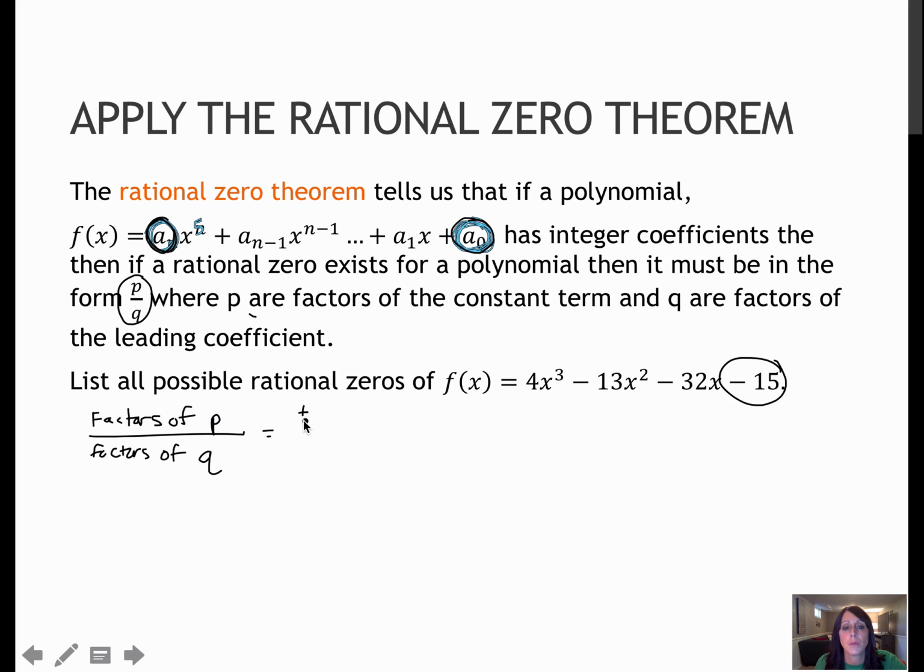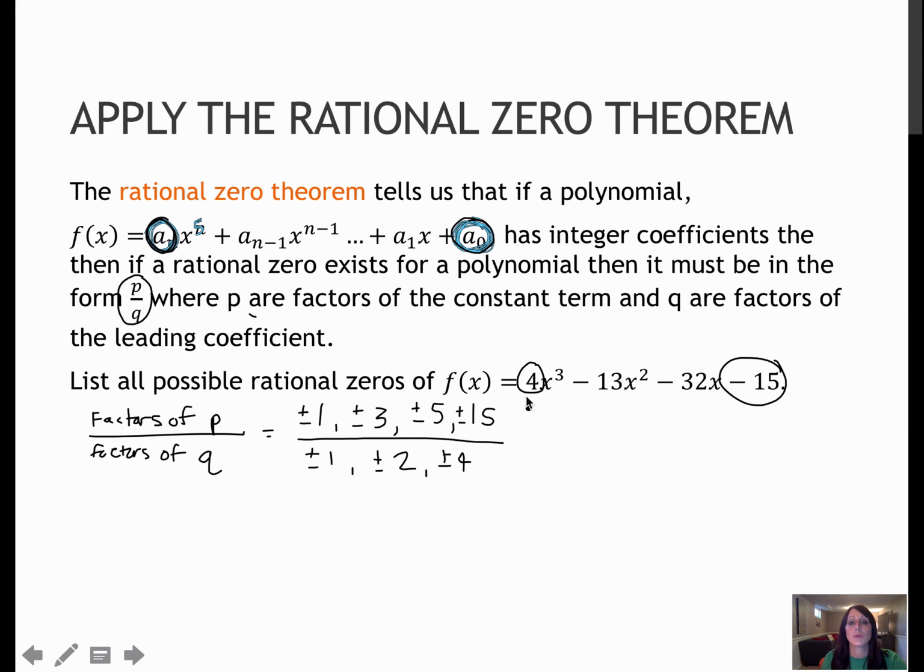So the factors would be plus or minus 1, plus or minus not 2 because 2 doesn't go into 15, plus or minus 3. 4 doesn't go into 15, but 5 does. 6 does not, 7 does not, 8, 9, etc., all the way up to 15. So basically I'm saying all of the things that multiply into 15, I'm listing them here with both a plus and a minus. Then I look at factors of q. Q in this case is 4. I'm looking for factors of that. So what numbers go into 4? 1, 2, and 4.